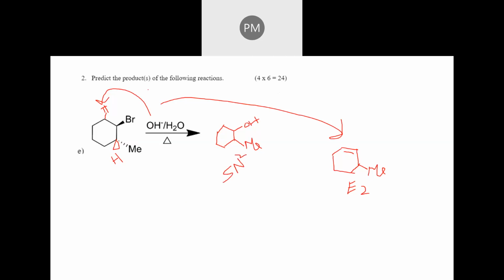So the SN2 product is like this, and the E2 product will be like that.